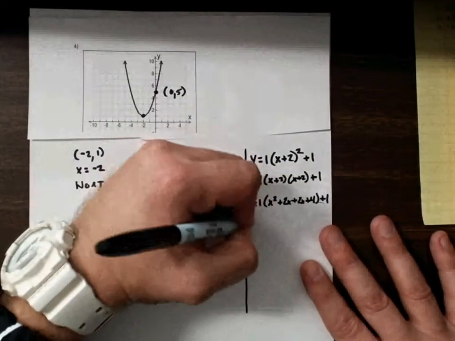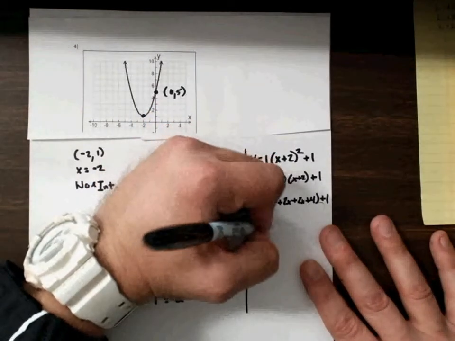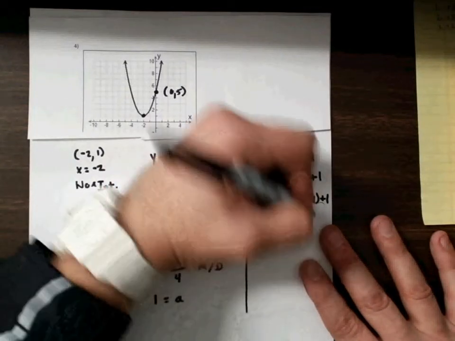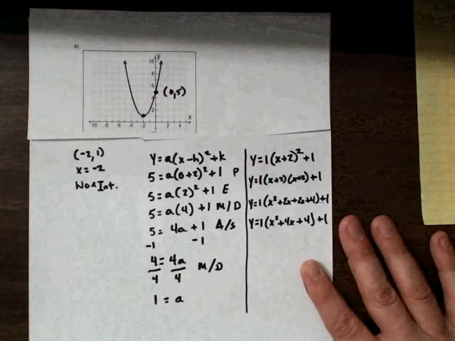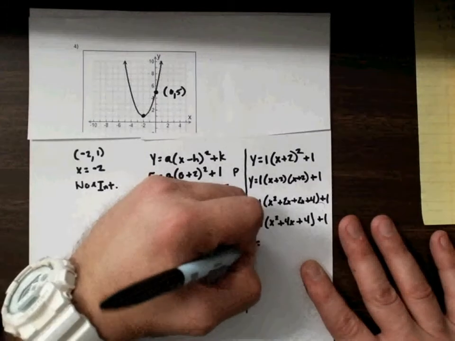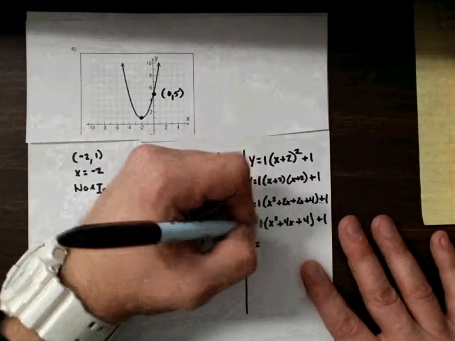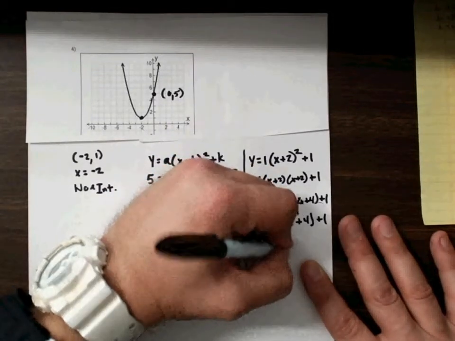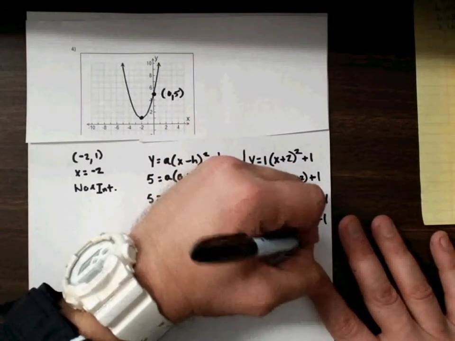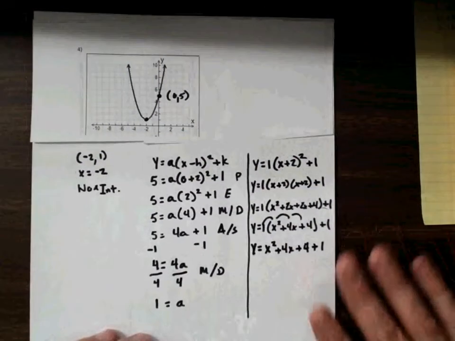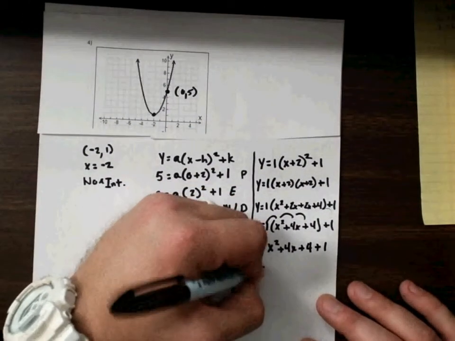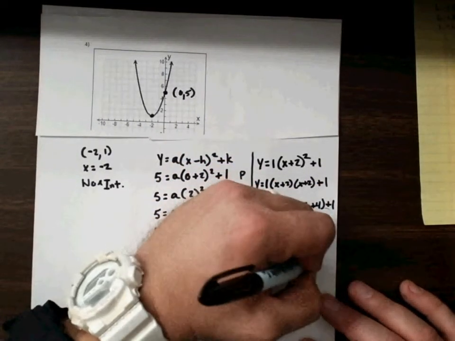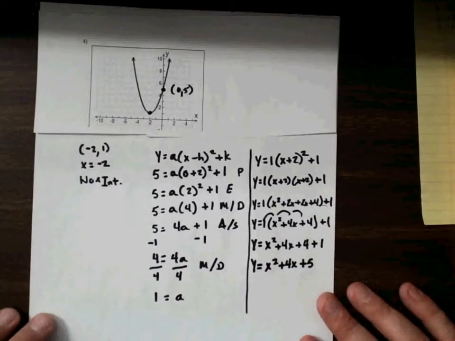That one will come through after I get done. So I combine my like terms. y is going to equal distributing my 1 through everything. It's not going to change. Okay? I'm going to have x squared plus 4x plus 5 is my equation.